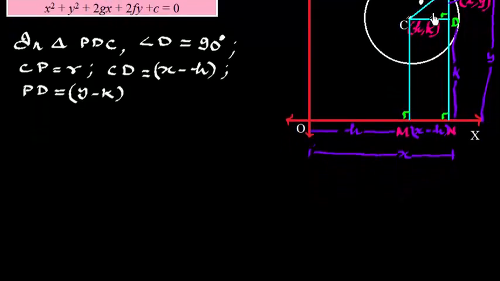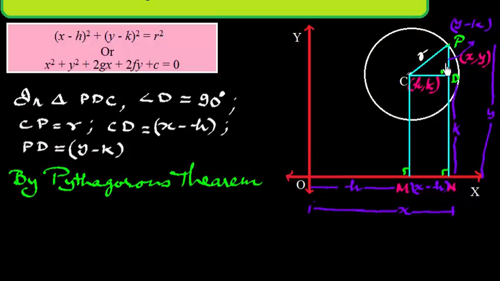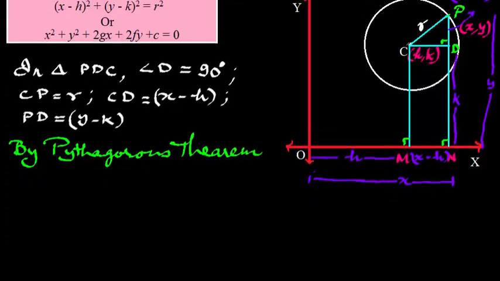By the Pythagoras theorem, we know that the square of the side opposite to the right angle is equal to the sum of the squares of the other two sides. So in this triangle, the side opposite to the right angle is CP.